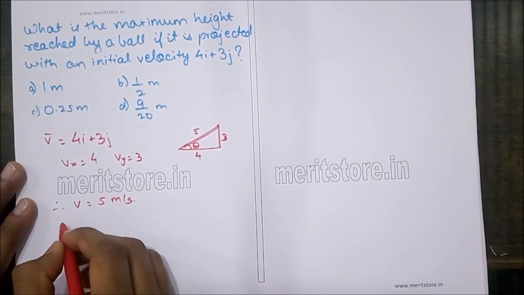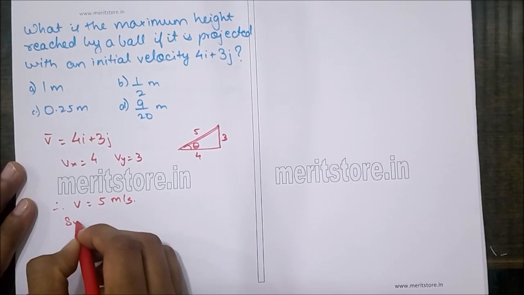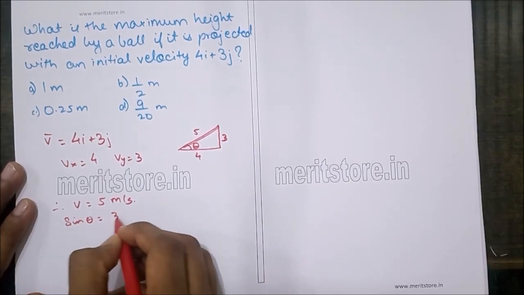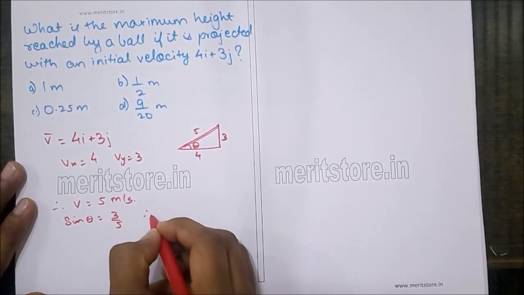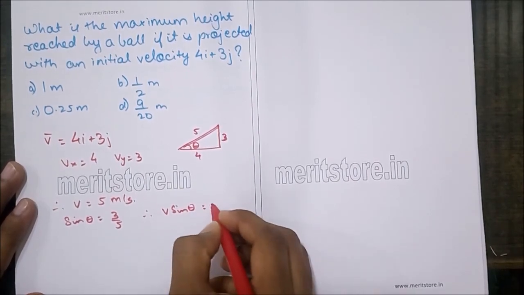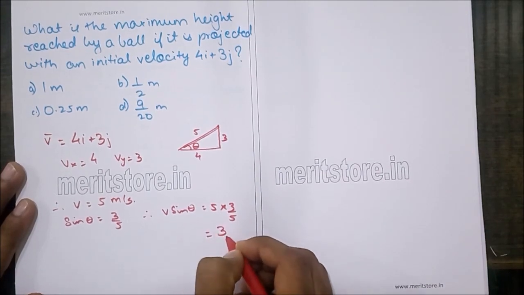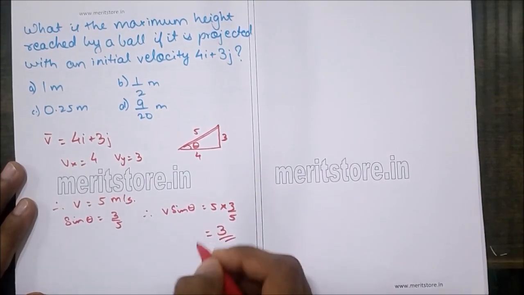Also, we can see that sine theta is equal to 3 by 5 and V sine theta is equal to 5 into 3 by 5, which is nothing but 3.